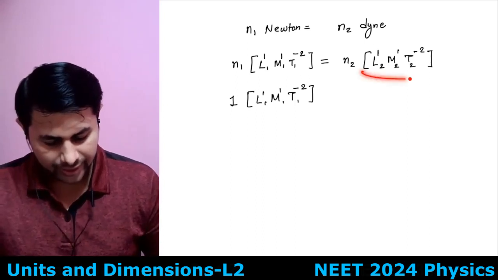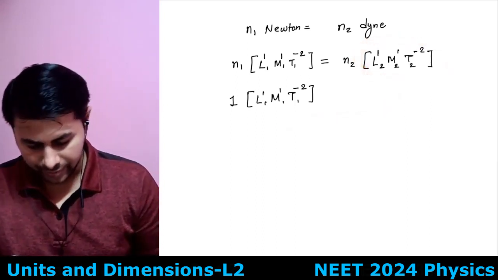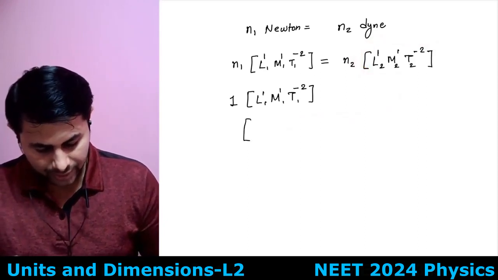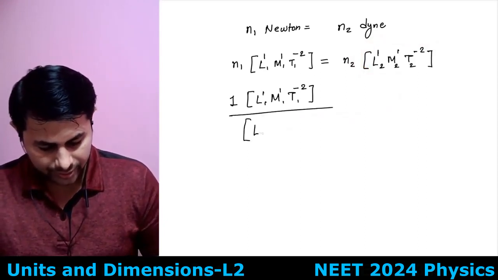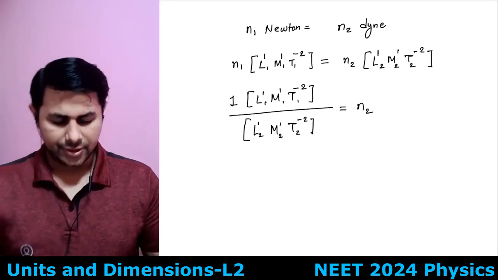I will take this on the left hand side, so I get N2. It goes in the denominator, so it is L2, M2 raised to 1, T2 raised to minus 2, and that is equal to N2.